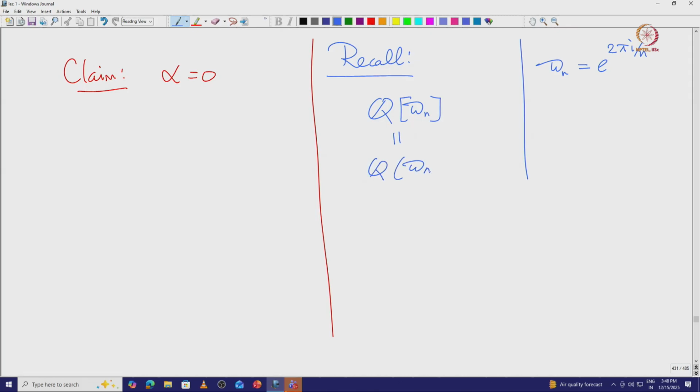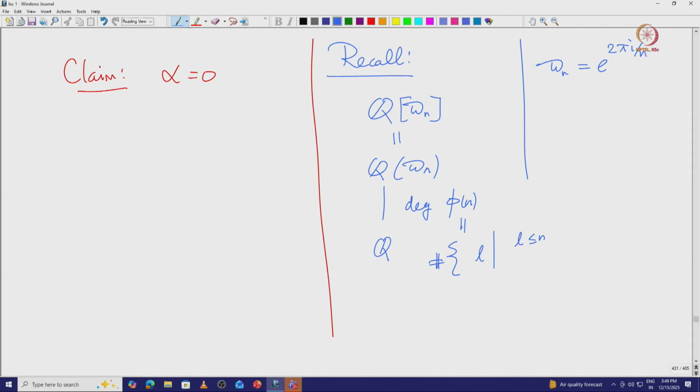So, basically this Q of omega n is a finite extension, and the degree of this extension is phi of n, where phi of n is the Euler phi function, which counts the number of l's, less than or equal to n, such that the GCD between l and n equals 1.